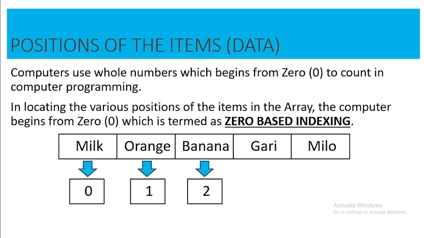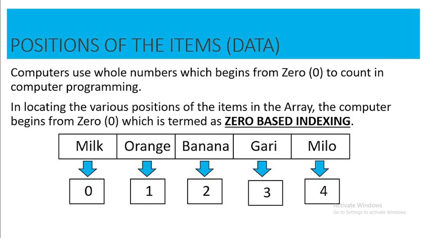The fourth element, gari, is at position 3. Then the last element, milo, is at position 4. When humans count, they start from 1. Computers use whole numbers, so they start counting from 0.